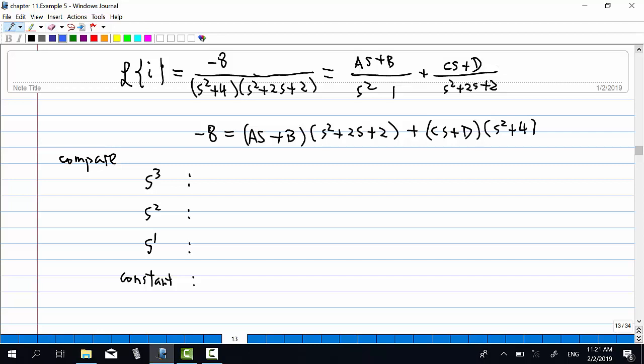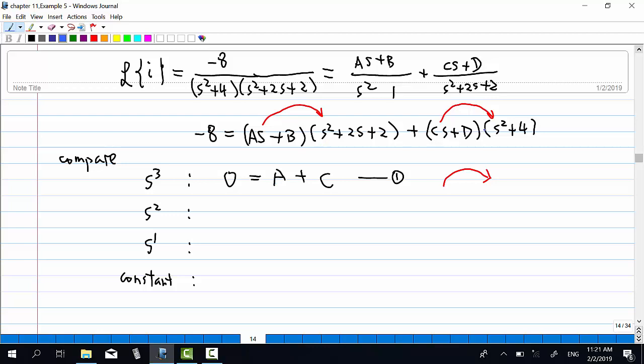Then we compare coefficient of s cubed, s squared, s power 1 and constant. To compare coefficient of s cubed, first of all, on the left hand side, there is no s cubed. On the right hand side, you get as times s², you get as cubed.